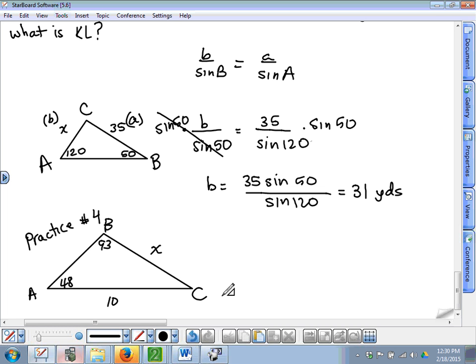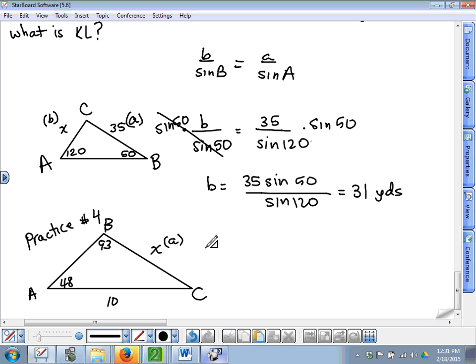1.4. This is just a coincidence. We're not always looking for side A. It just happens that on all 3 of these, it looks like we are.